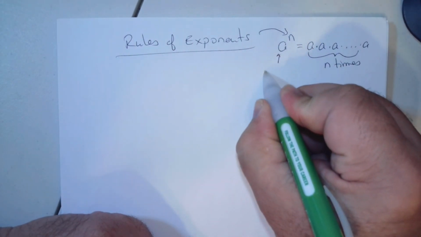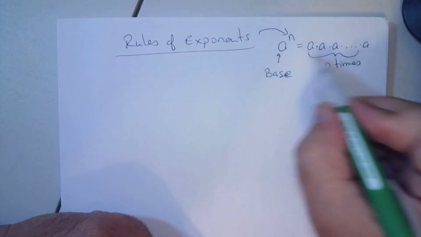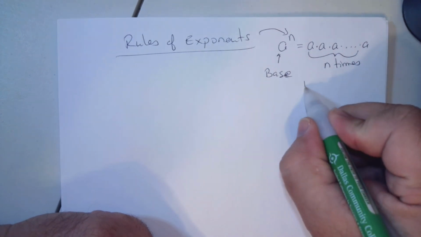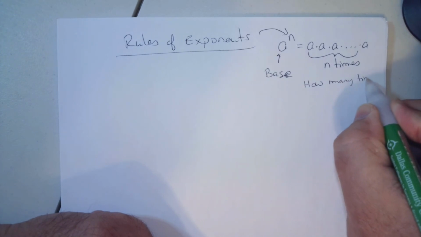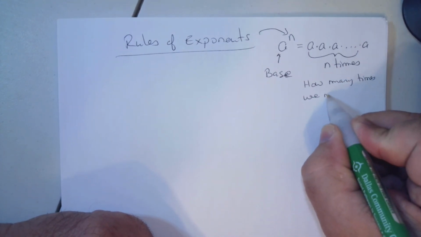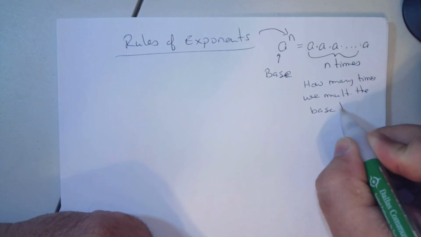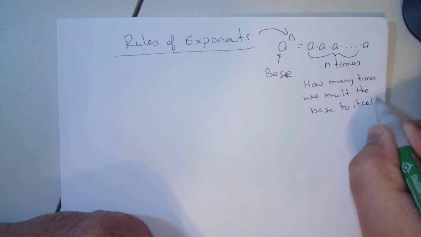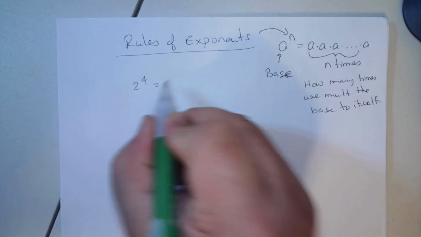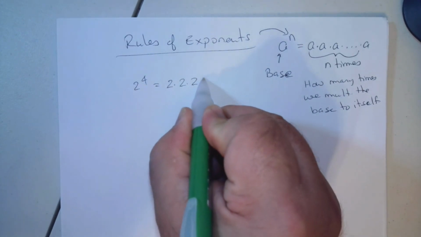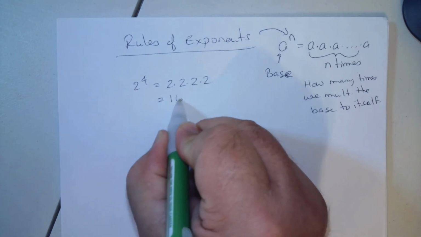This number down here is called the base. So the exponent tells us how many times we multiply the base to itself. Two to the fourth power is 2 times 2 times 2 times 2. 2 times 2 is 4, times 2 is 8, times 2 is 16.